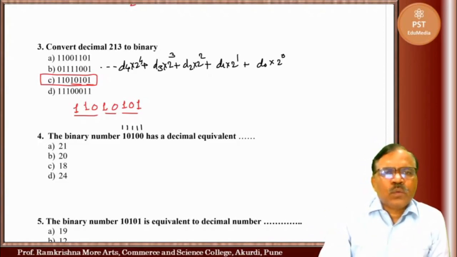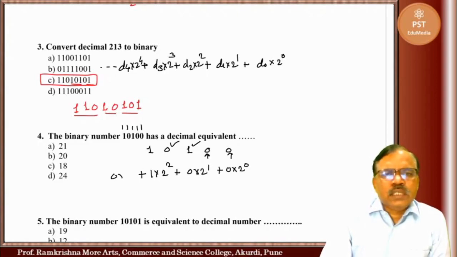So here we have 1 0 1 0 0. Corresponding to this, 0 into 2 raised to 0, plus 0 into 2 raised to 1, plus 1 into 2 raised to 2, plus 0 into 2 raised to 3, plus 1 into 2 raised to 4.